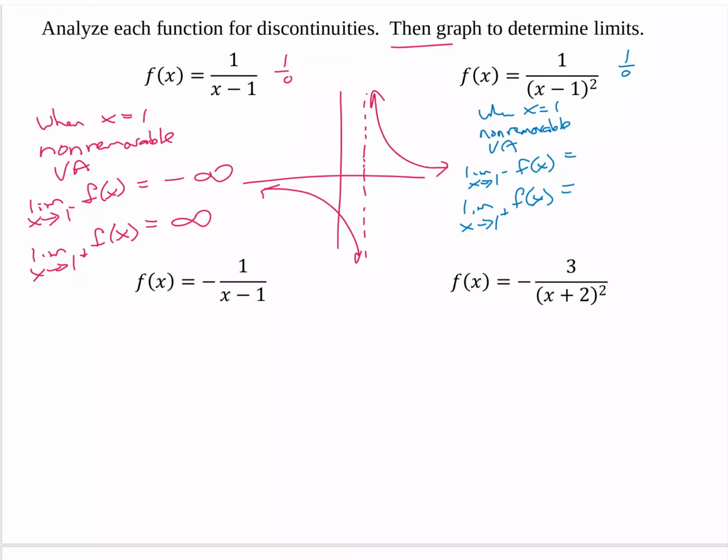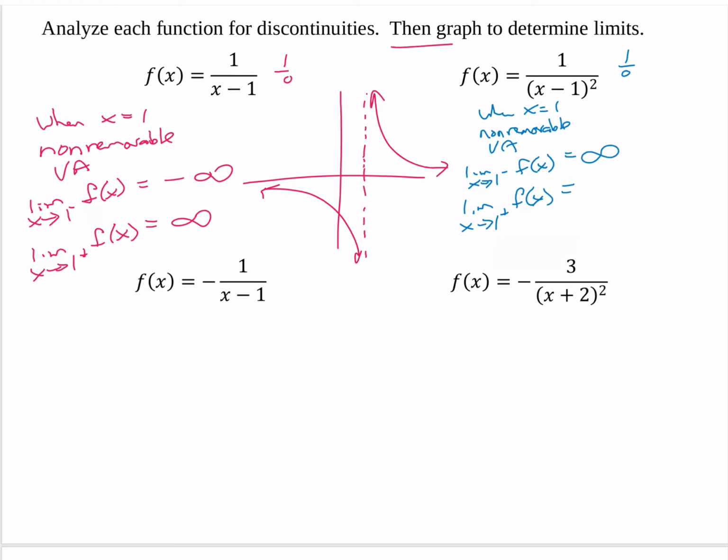So when we pick a point, 0.9 again, or 0.99, something like that, and plug it in, we get a positive number. 0.99 minus 1 is negative 0.01, but then we square it and get an even smaller positive result, 0.0001. So 1 divided by a positive small number makes a big positive number. We get positive infinity.